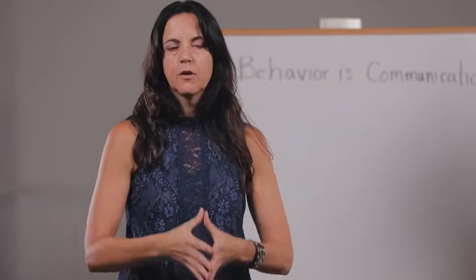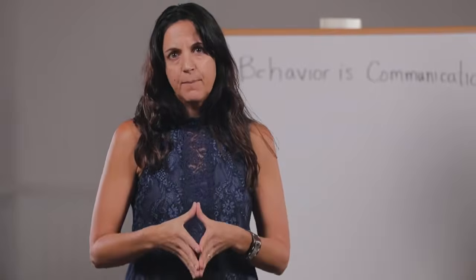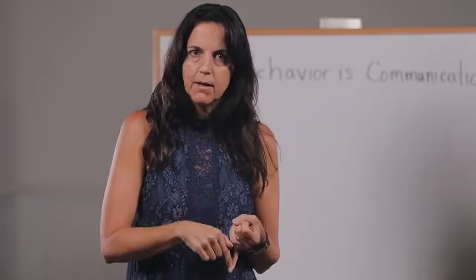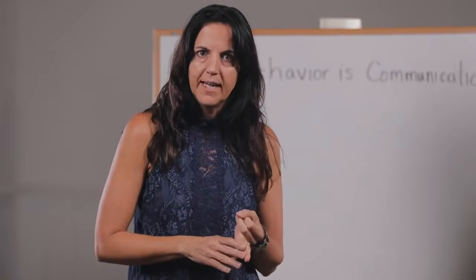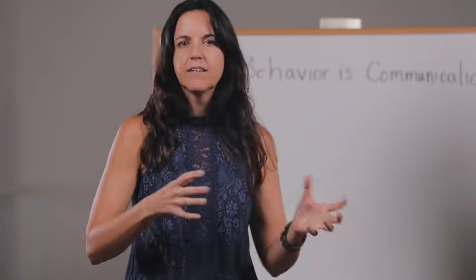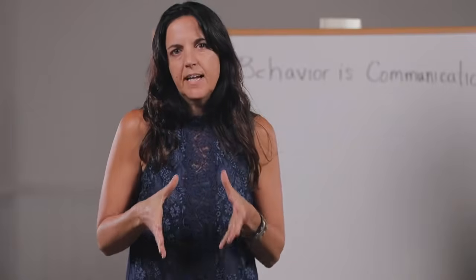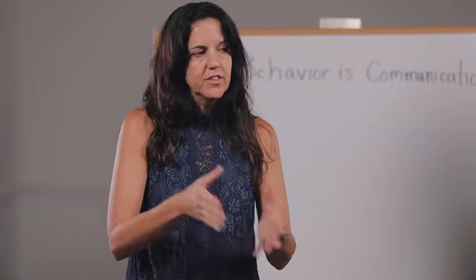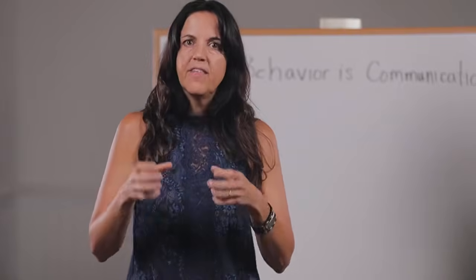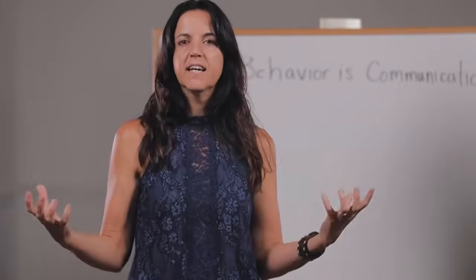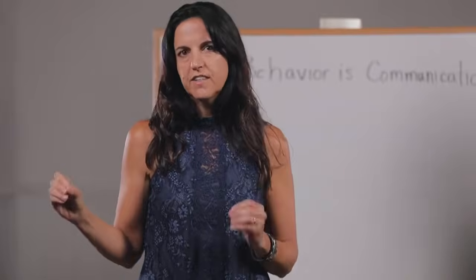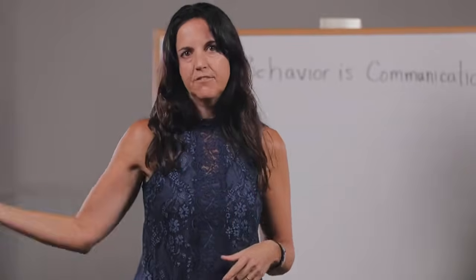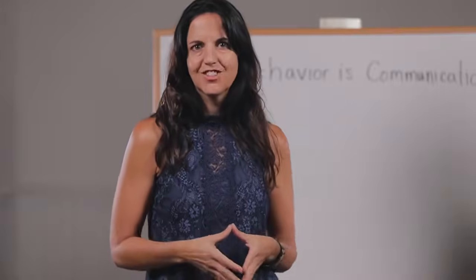So if we expect the unexpected coming in from transition times, so first thing in the morning, right after lunch, coming back from PE, then I need to set up the environment to calm the soda can. We're going to talk about calming the environment, but you need to be thinking, expect the unexpected, and your students coming in are soda cans, so you don't know what has happened that might have shaken them up prior to coming into your classroom.